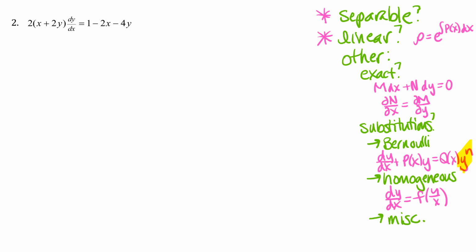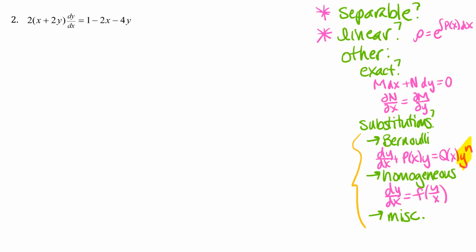All right, so we're kind of down to miscellaneous substitutions, and really for all of these substitutions, you're going to make some sort of substitution, u equals something, that will simplify the equation. For the Bernoulli equation, the substitution that helps is to use u equals y to the 1 minus n, and that forces the differential equation into a form that you can then work with.